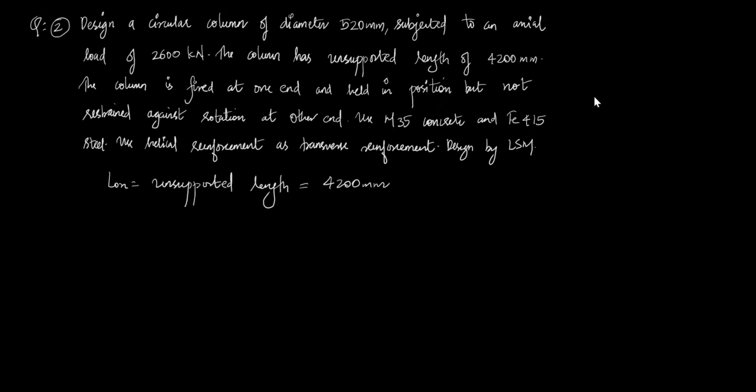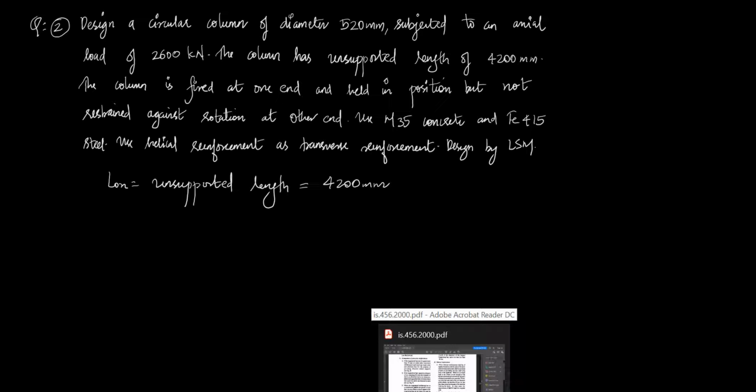So here the unsupported length of the column is given as 4200 mm and the support conditions are given. The column is fixed at one end and held in position but not restrained against rotation at the other end. If we go to IS 456 2000, you will get the value for your effective length.